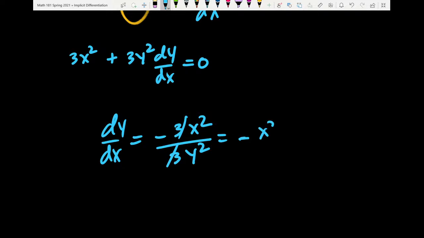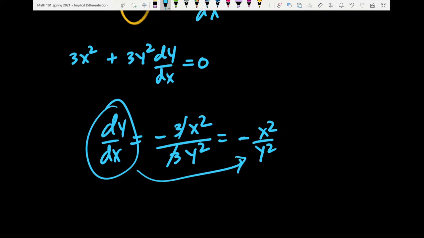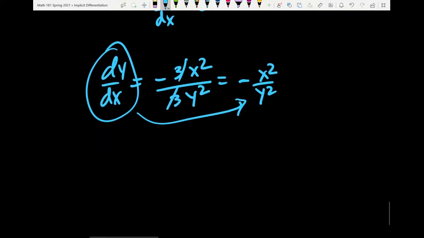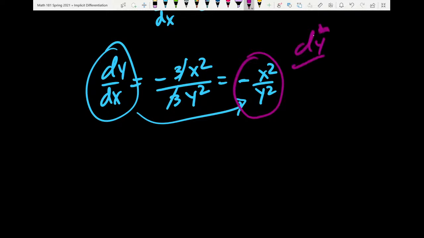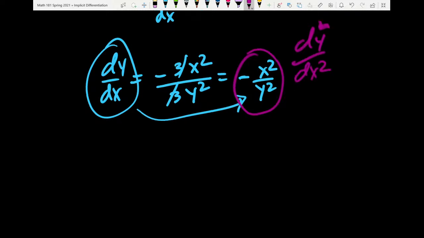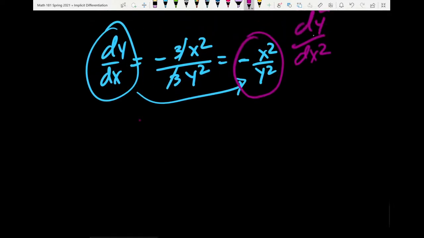You get negative x squared over y squared. So that's my dy/dx, okay? Now we have to use this to find the second derivative. So for that, we use the quotient rule.